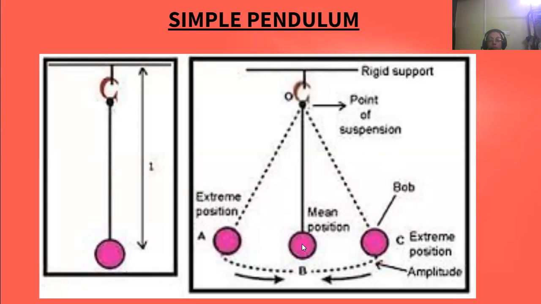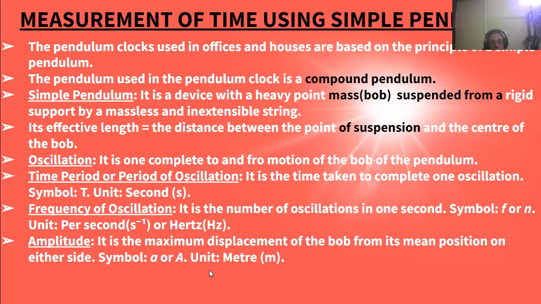If this is the center of the bob, then the effective length will be from here to this portion. This will be the effective length of the pendulum.